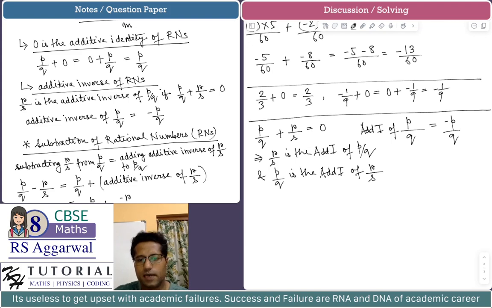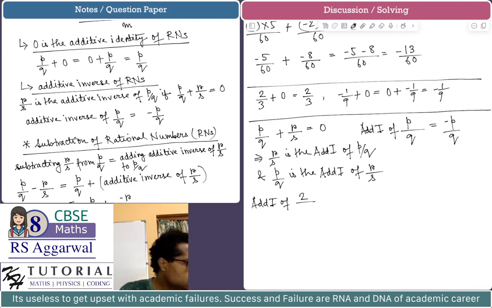Let's take some example, that will be better. What is the additive inverse of, let's say, minus 17 by 8?